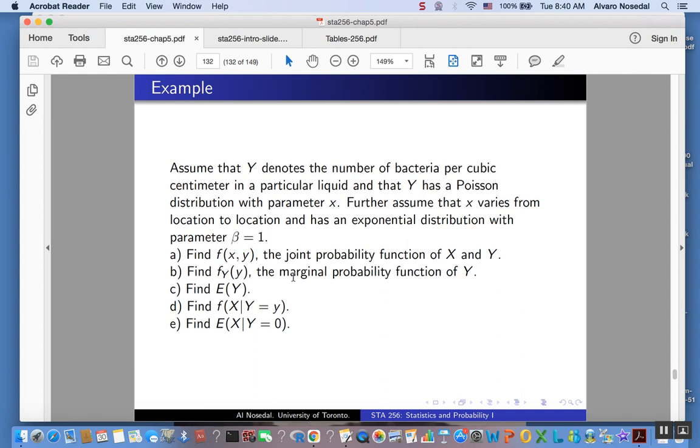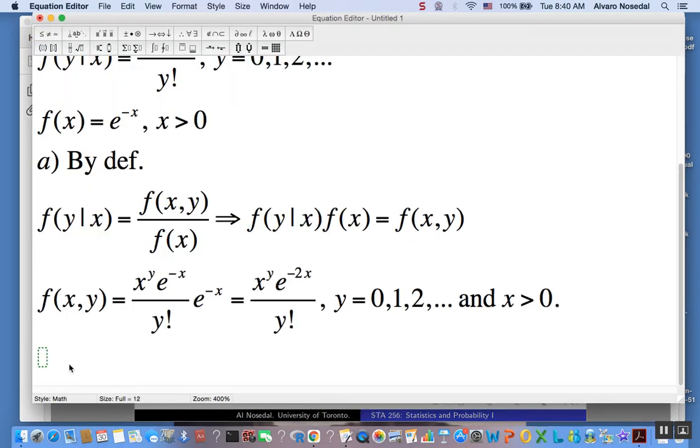Part B, we have to find the marginal of y. Let me write that down. What we want is the marginal of y, right?